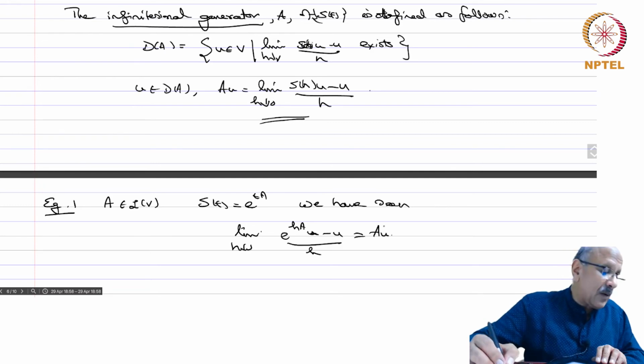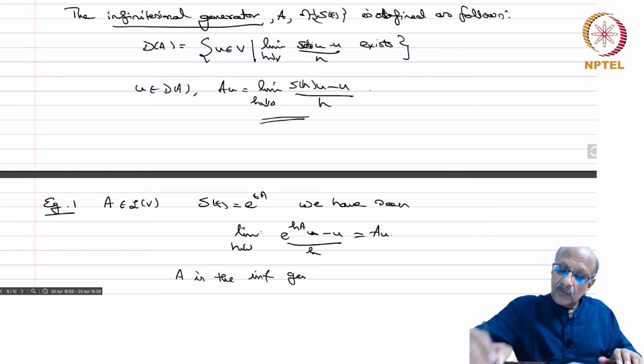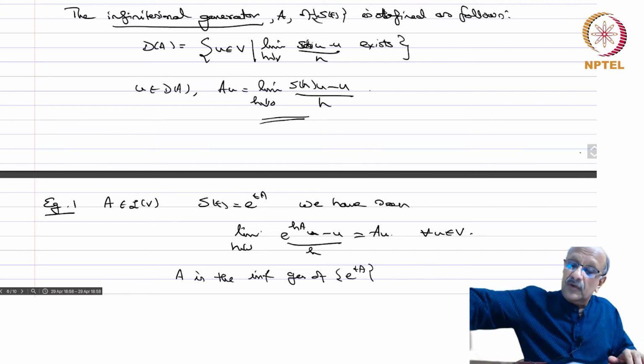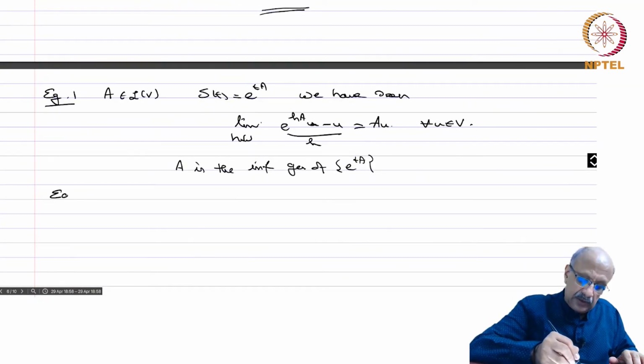We did this computation yesterday, and therefore we have that A is the infinitesimal generator. This is true for all u in V of e power tA, and in fact it is a bounded linear operator. So in this case it is not just unbounded, it is defined everywhere. So now let us look at the other example.